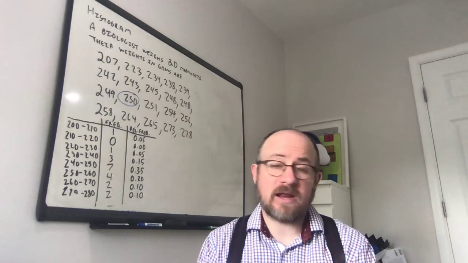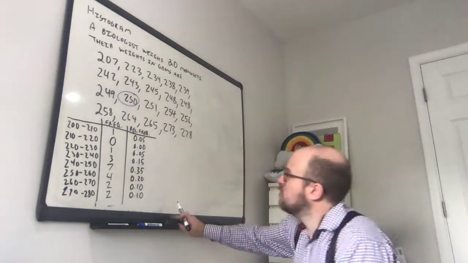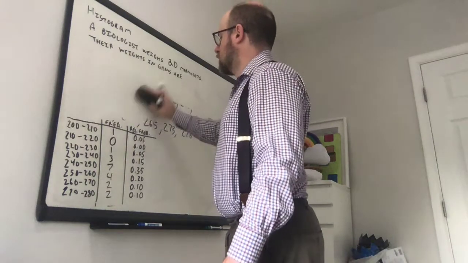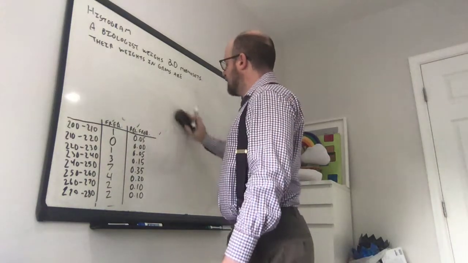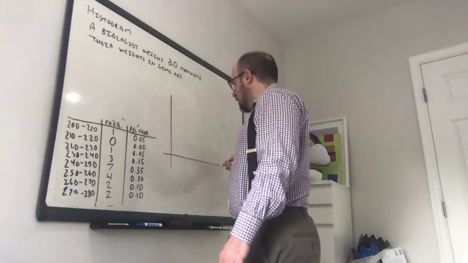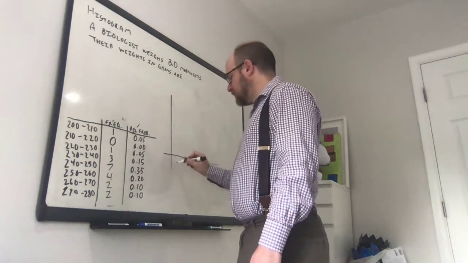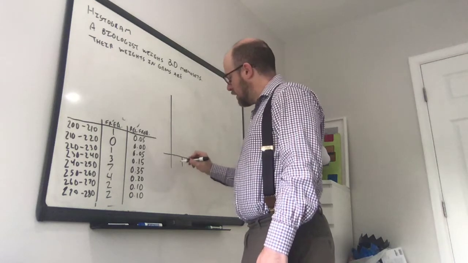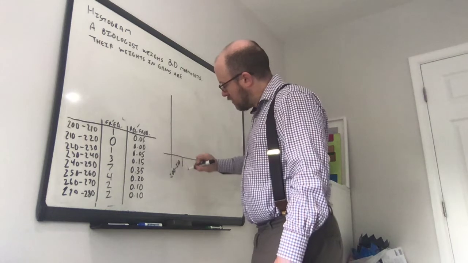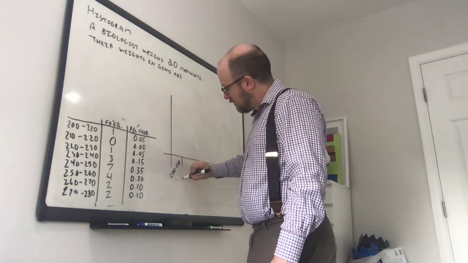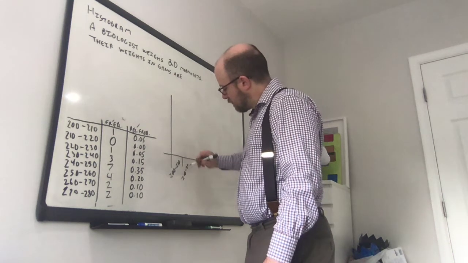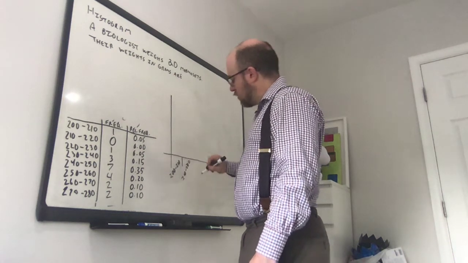And then we can create a bar graph. And so your bar graph now, rather than having a single number listed at the bottom, it's going to have these ranges. So I'm not going to draw the whole thing because it's a lot of work, but 200 to 210, 210 to 220, right?